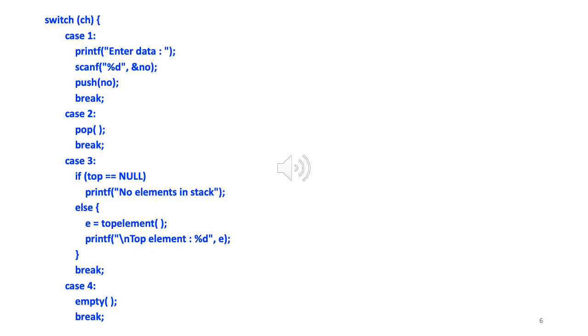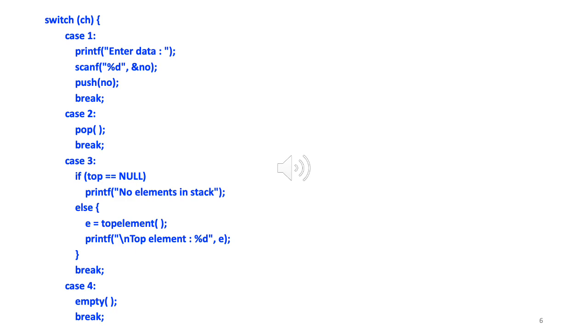So it checks if top is double equal to null, and we print no element in stack. Else we execute the top element function, code of which we'll soon see. That will return the info part of the top node, assign it to E, and then we just print E. Top element is E, okay, and then we break.